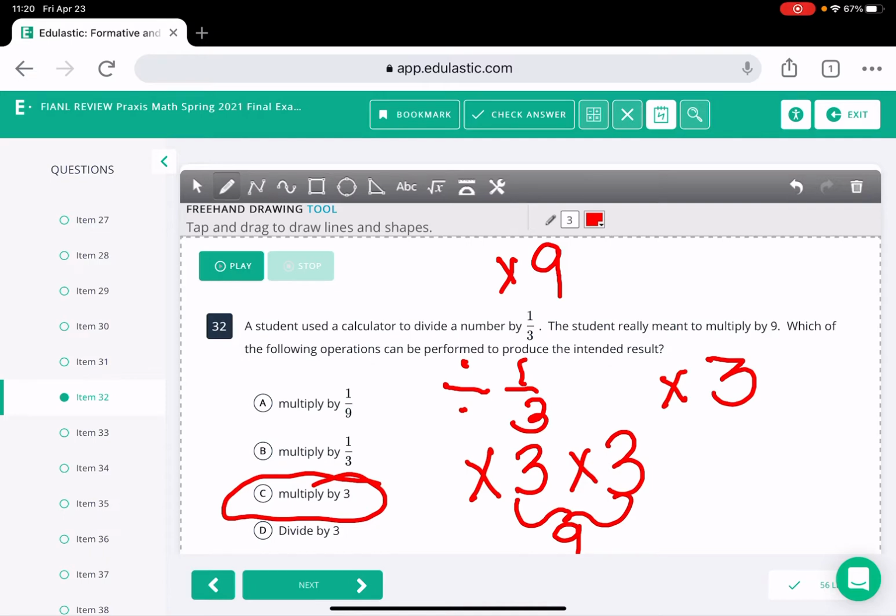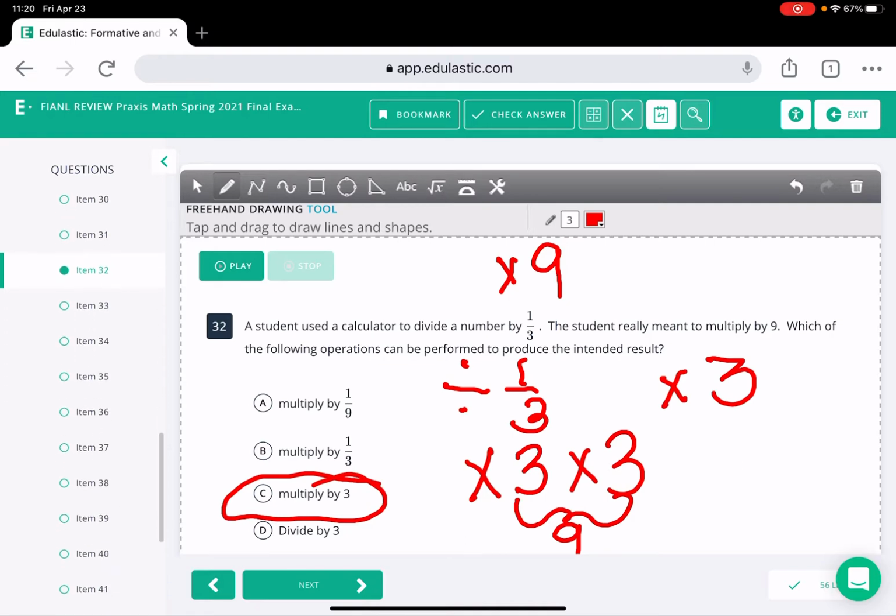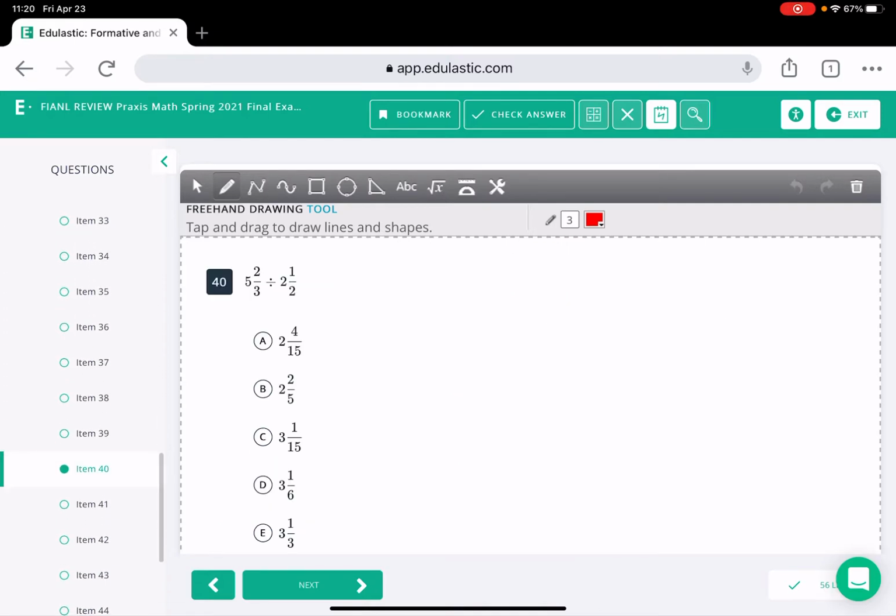Okay. So the next number that you wanted was number 40. For number 40, we have 5 2/3 divided by 2 1/2. Let's stop this for a second.